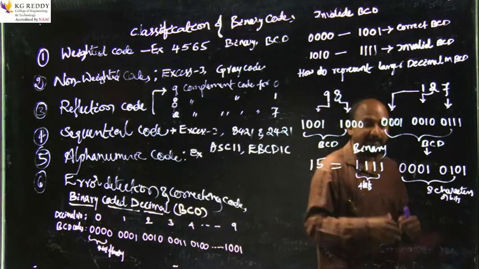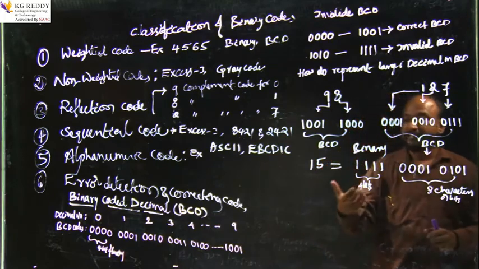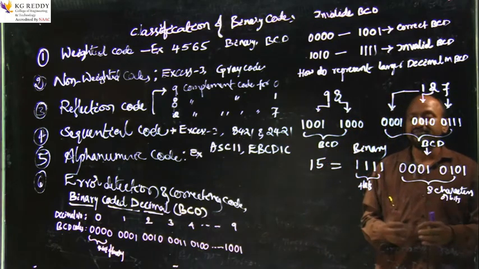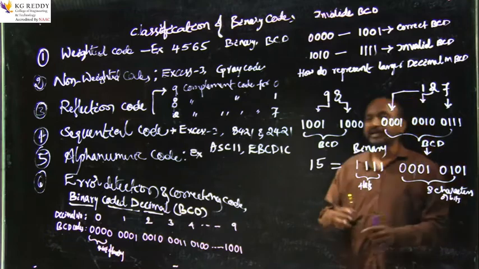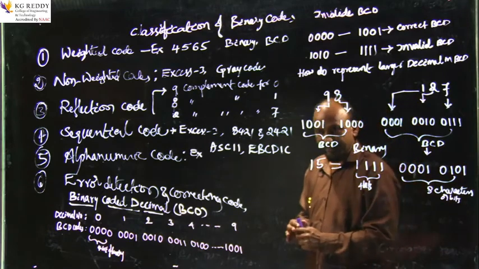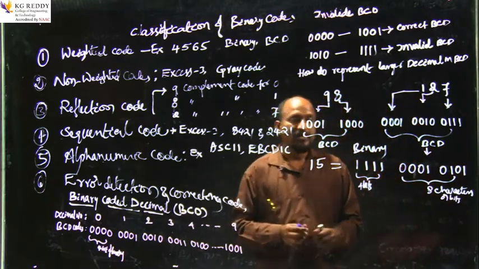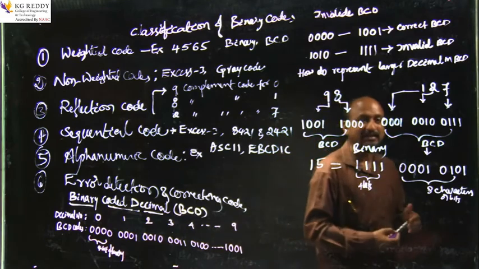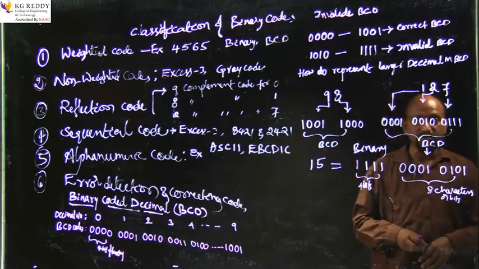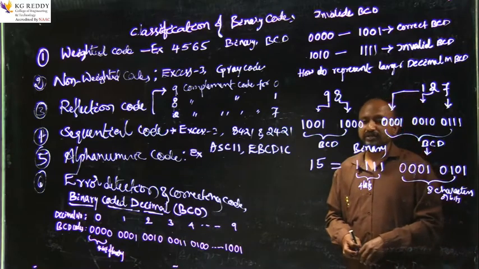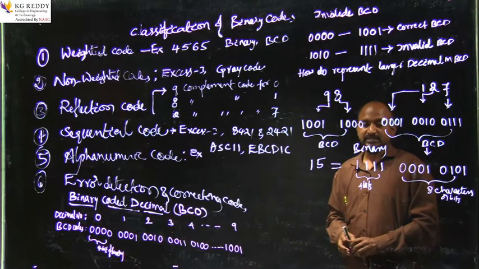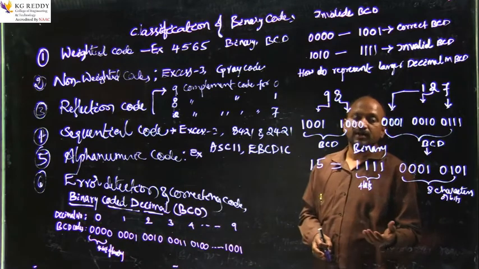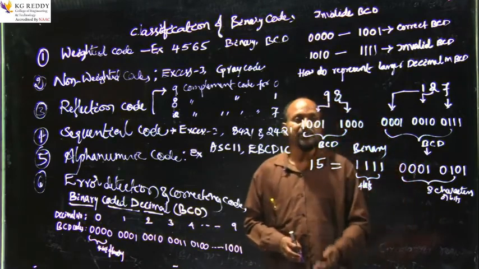BCD addition has its own different rules, and there are several cases. Compared with binary addition, BCD addition is quite difficult and complex, because the result needs a different set of rules and functions. So we'll discuss BCD addition and subtraction in the coming video. These are the advantages and disadvantages of BCD.